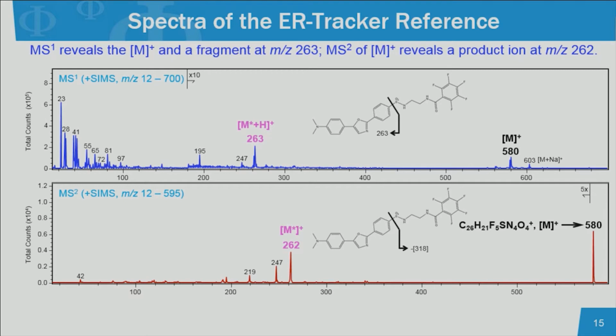Now if we look at the product ion spectrum of the ER tracker molecular ion, which is shown in the bottom panel here, that's the MS2 data set, we see a neutral loss of 318, giving rise to a product ion at a mass to charge ratio of 262. So we believe this peak at 263 is the protonated ion of that 262 product ion.